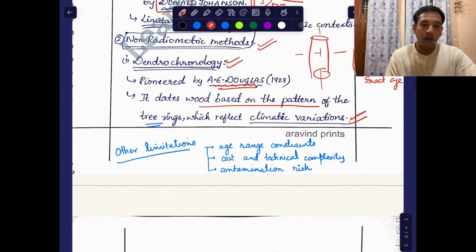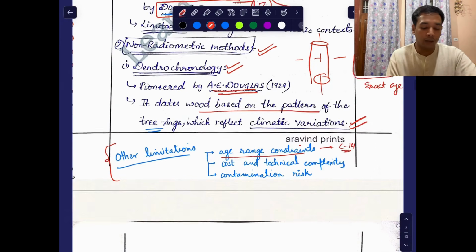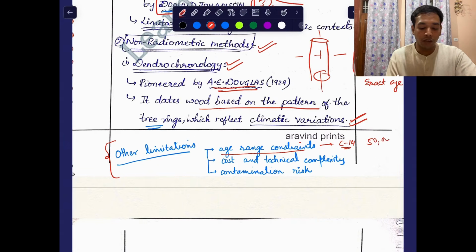Overall, you can write a few other limitations also for this question. For example, there are age range constraints in this method. Carbon-14, the carbon dating method, gives around 50,000 years. Cost and technical complexity, because we have to use some scientific process, so the cost could be high, and you also need technical knowledge to use these methods.